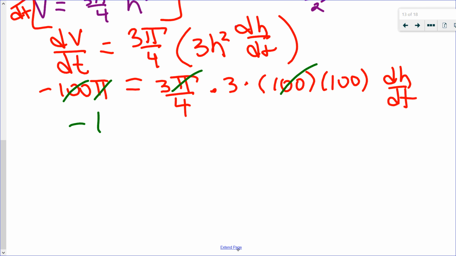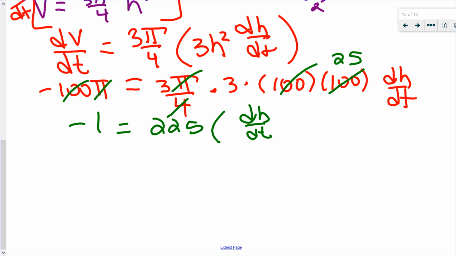Okay, on the right-hand side, is there anything else I can simplify? Well, 100 divided by 4 is 25. So really all I have left is 3 times 3, which is 9, and 9 times 25, which is 225. So I have negative 1 equals 225 multiplied by dh by dt.